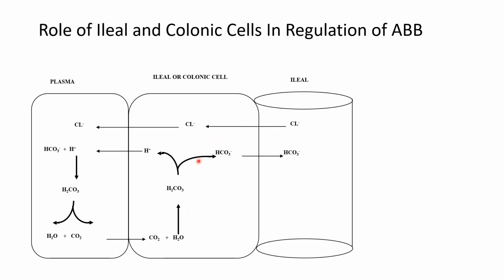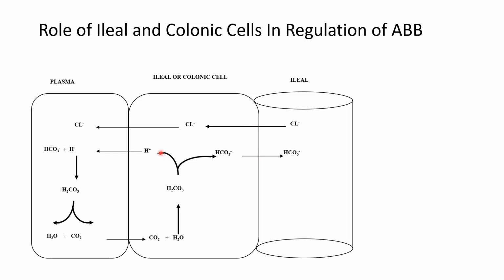So for every bicarbonate ion that is made and goes into the ileal or colonic lumen, there is a corresponding exchange for a chloride ion which goes into the plasma, in a process called the chloride shift, the reversal of what happens in the stomach.